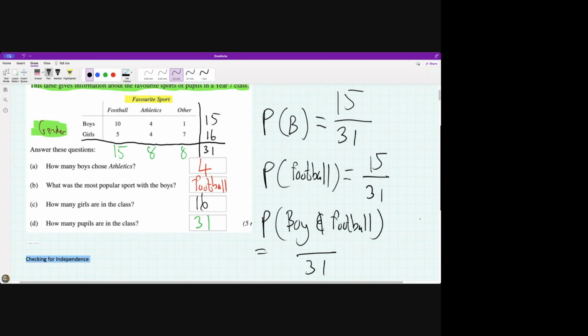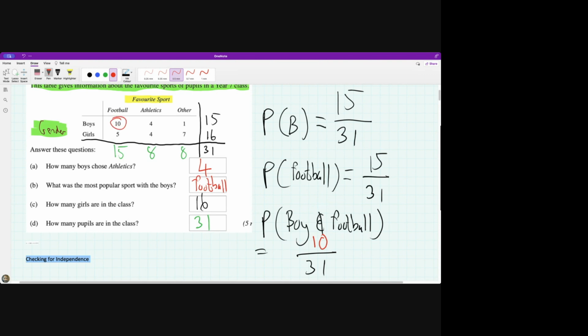That randomly chosen person will be a boy and like football. So you have to actually, it's not 10. Well, no, sorry, it is 10. Okay, so it's going to be 10 because if you look at this, it's going to be this one over here.